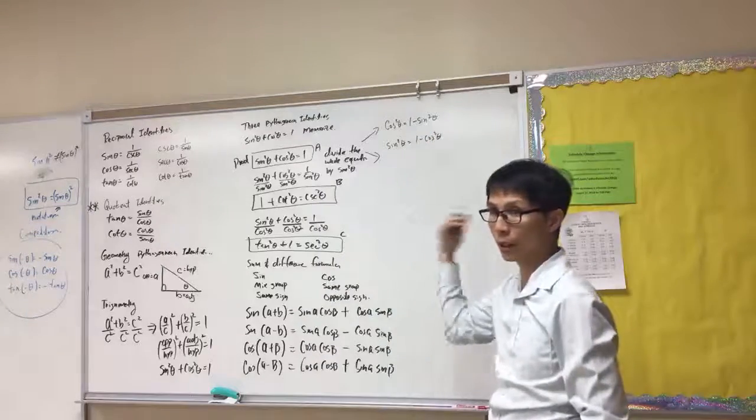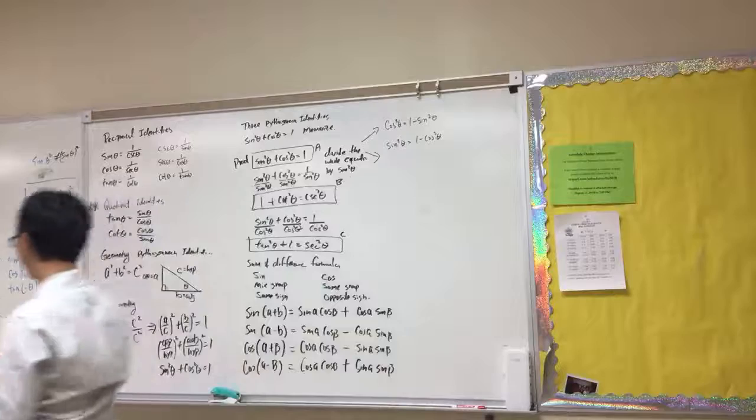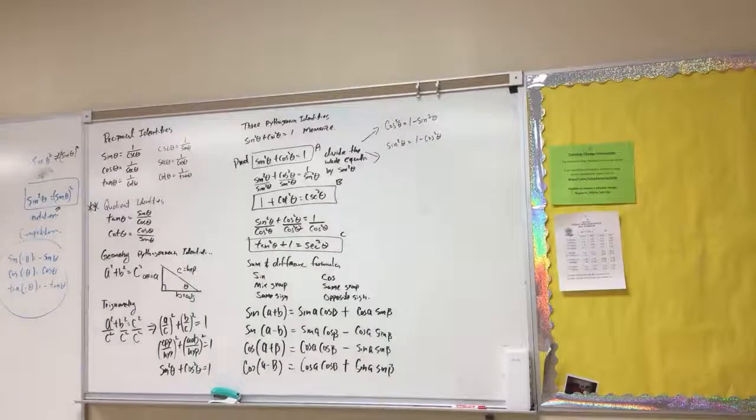I just move it to the other side. So here is the thing I'm substituting with. Cosine squared theta is equal to 1 minus sine squared theta. And then this part is equal to cosine. So this one, minus sine squared, is equal to 1 minus 2 sine squared theta.